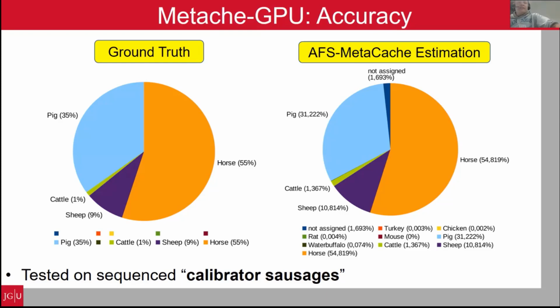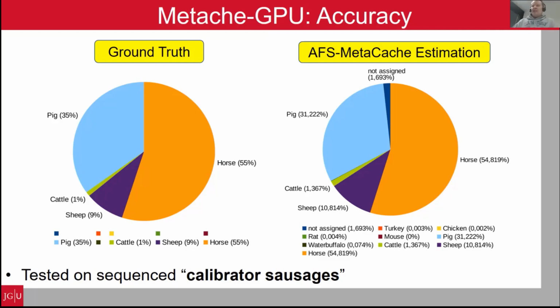For these, we collaborate with a butcher, and this butcher prepares the sausages according to a fixed recipe with exact amounts of meat and other ingredients. And then we sequence that sausage, get out these reads, run our Metacache-GPU tool, and find out what ingredients come out of Metacache-GPU and compare them to the ground truth ingredients that the butcher has used.